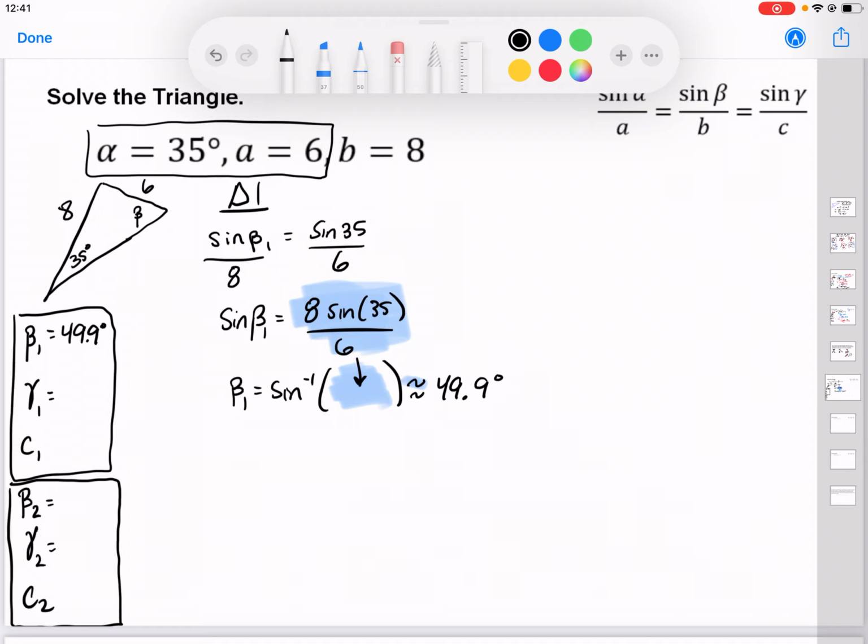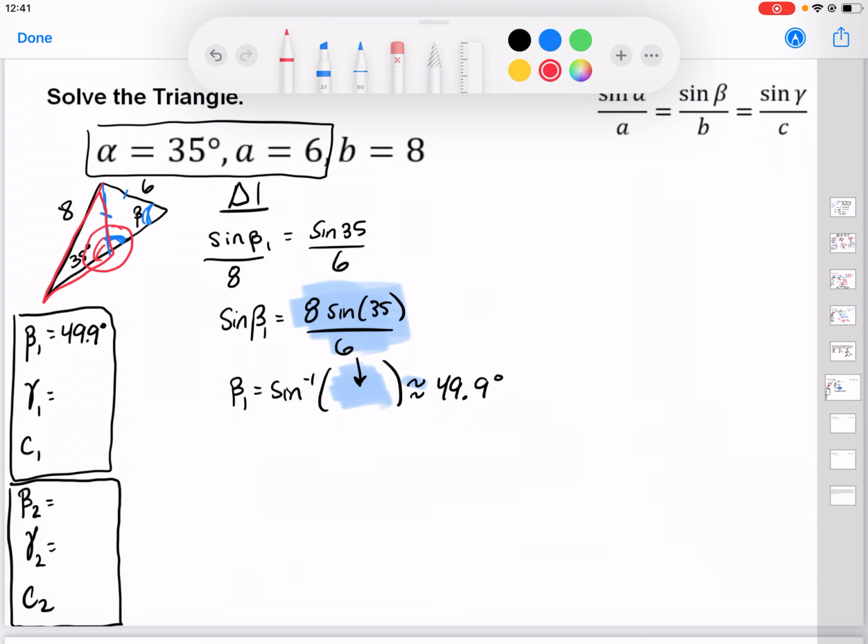Okay, so from there, what I usually do is I find my second beta. So remember, if this is 6, the other triangle is going to look like this, or it's smaller, so we can swing that in. So this is also going to be beta. Both of these, it's an isosceles triangle, both of these are beta. So to find the beta for this triangle, you just do 180 degrees.